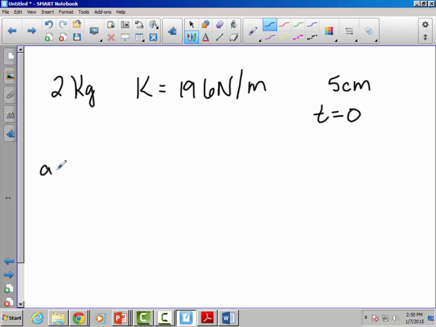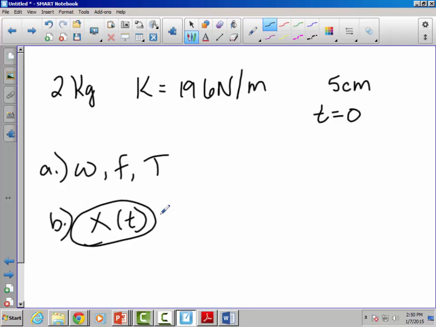So the very first thing we want to do here is find the angular frequency, the frequency, and then the period. And then the second part of this problem is to find x as a function of time, is what we want to write an equation for. So here we go. Part A. Now here, we've got mass, we've got our k. We can figure out what the period of our spring is, because period is 2 pi square root of m over k.